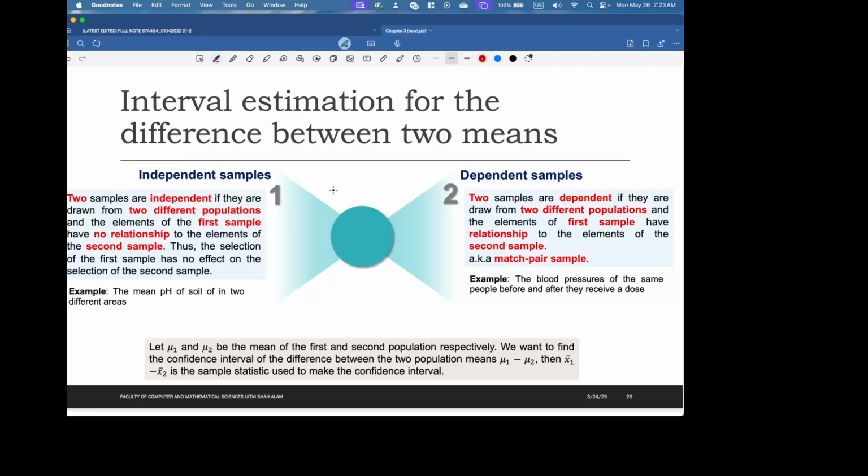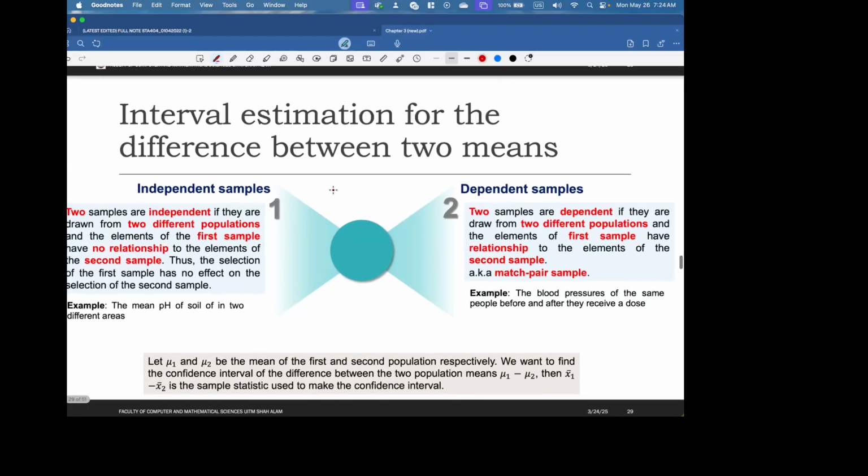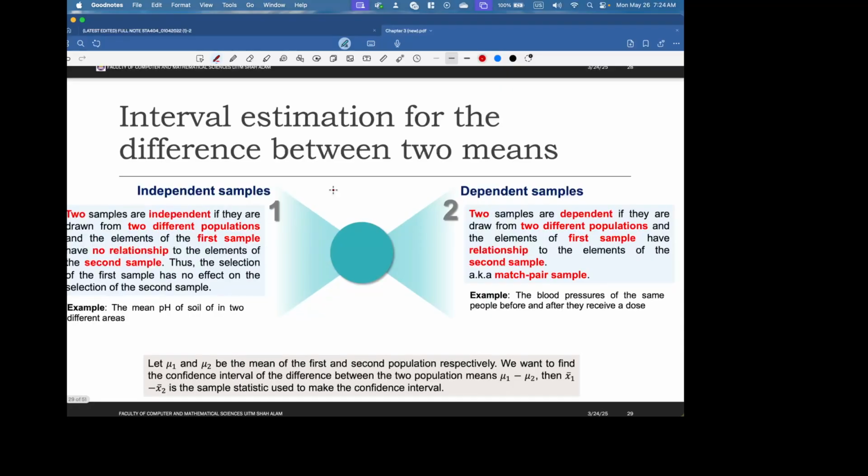Okay, and for this particular case, since we want to know the difference, what we try to do with the interval estimate is actually mu1 minus mu2. And why do we say mu1 minus mu2?